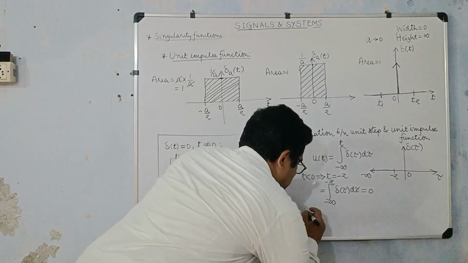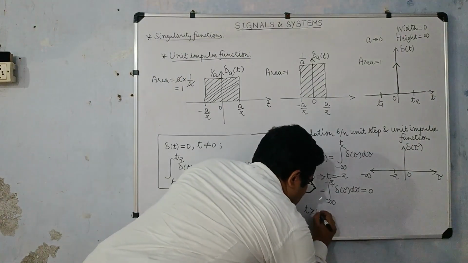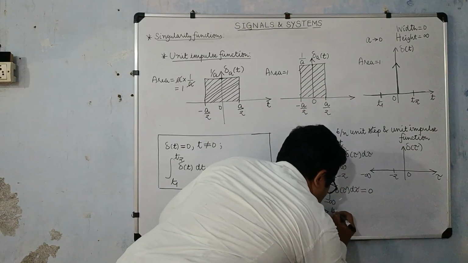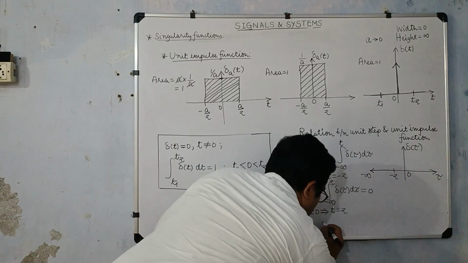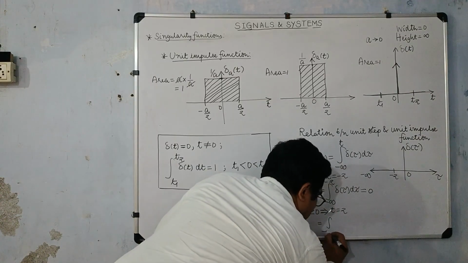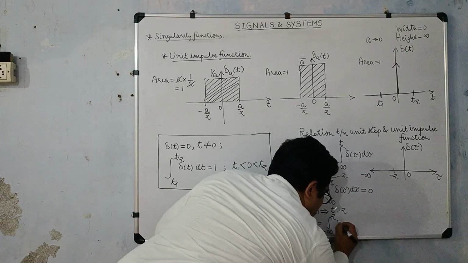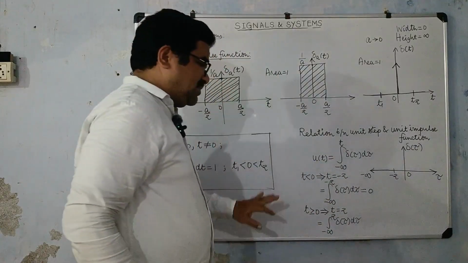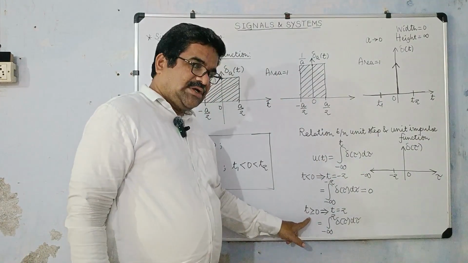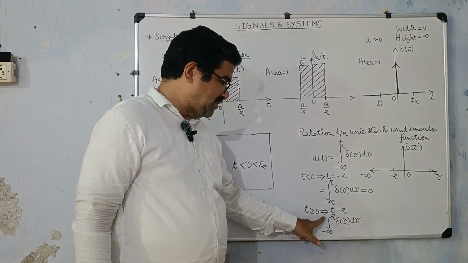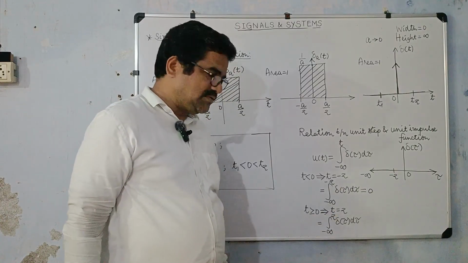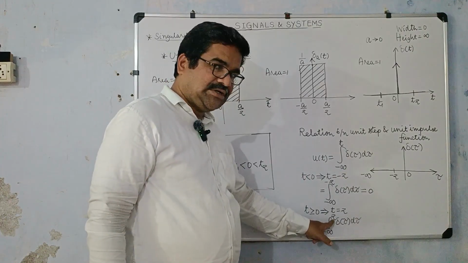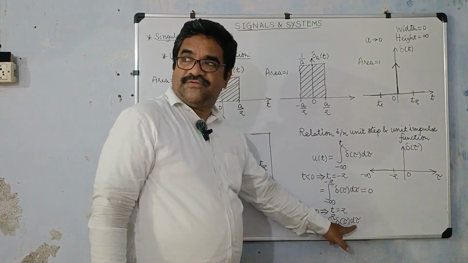Okay. Next, for t greater than or equal to 0, for example, if I take t is equal to 2, then what will be the integral? The integral from minus infinity to t, that is 2, of delta of tau d tau. I am taking the next case, t greater than or equal to 0.